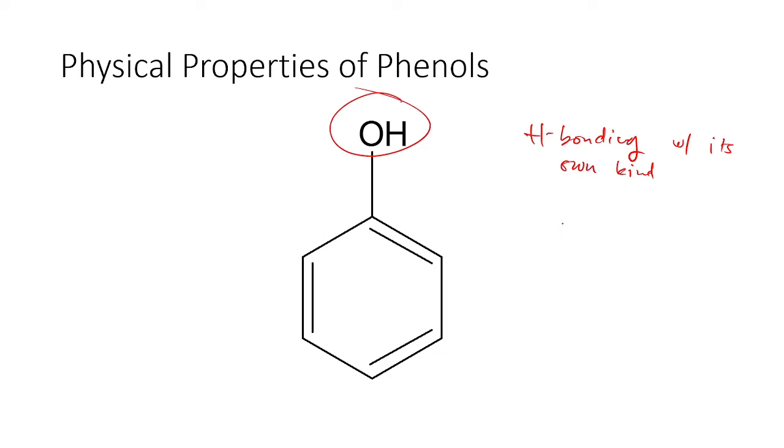And for large phenols, yung mga madami ng substituents, may mas malaki yung tendency na maging non-polar siya due to the benzene ring. So, basically, due to H bonding, we can expect that we have high boiling points.